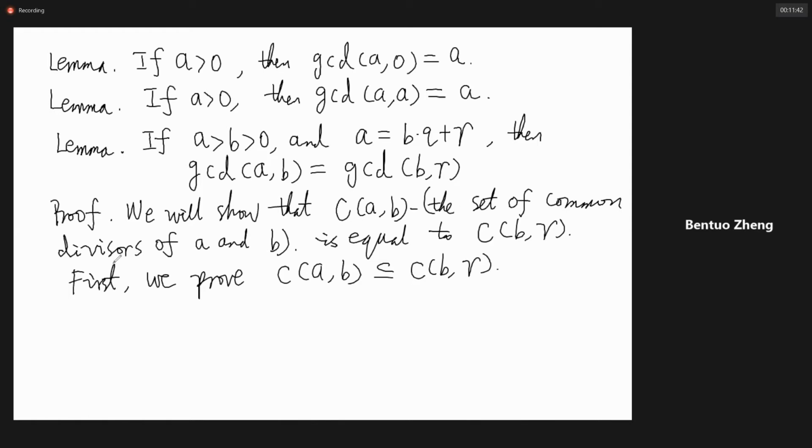To show this, we take an arbitrary element in C(a,b). Let d belong to C(a,b). So d is a common divisor of a and b. This means d divides a and d divides b.